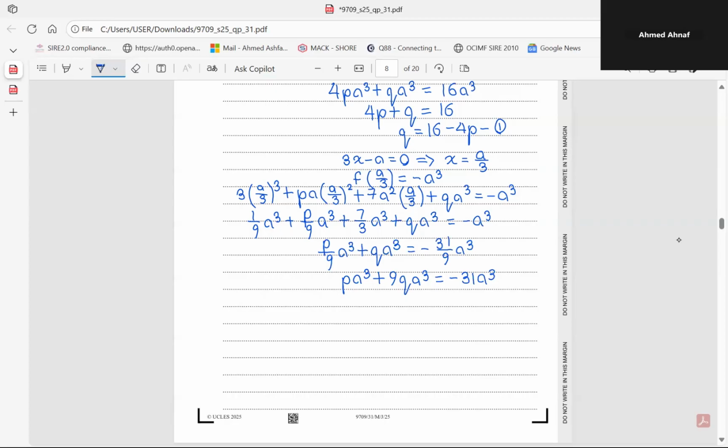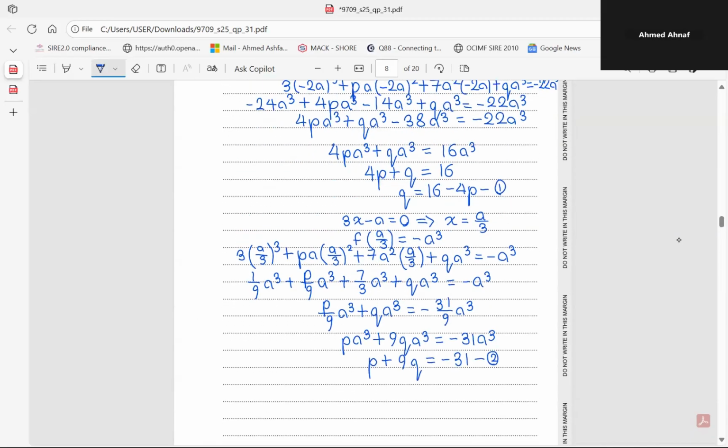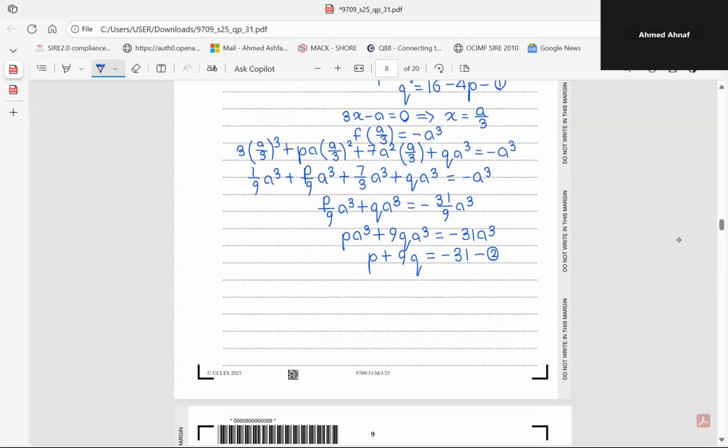And again, since the common factor is a cubed, we can just ignore it and write p plus 9q equals minus 31. So this is our second equation. Okay, and now that we have our two equations, we can substitute. We're going to have to use our space wisely here to substitute 1 into 2.